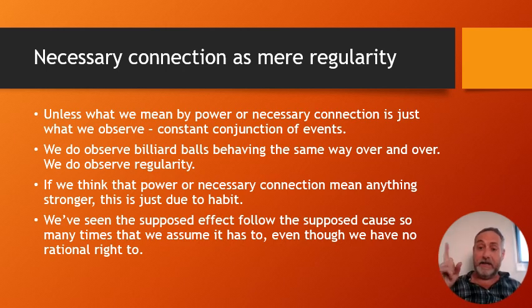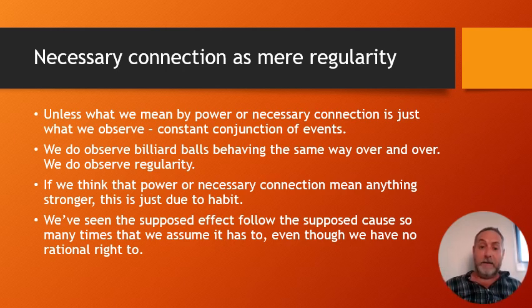Unless, here's the only way that our concept of power and necessary connection could have a meaning: maybe all we actually mean by it is what we observe, and what we observe is constant conjunction of events. We regularly see billiard balls behaving the same way over and over, and that we do observe. We observe the regularities.